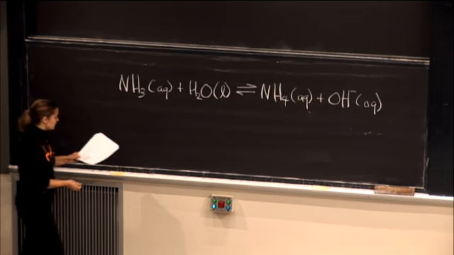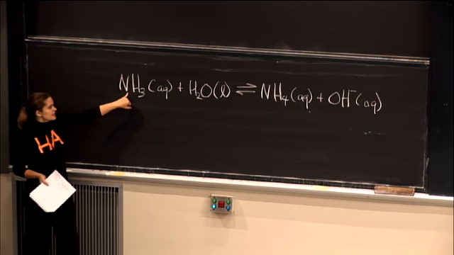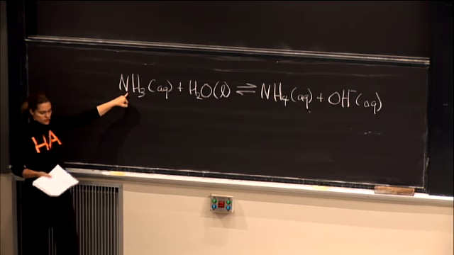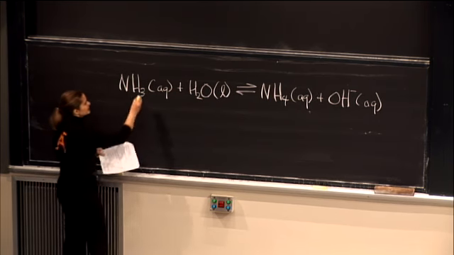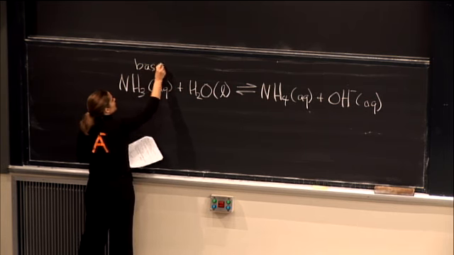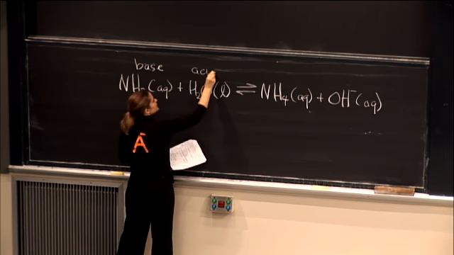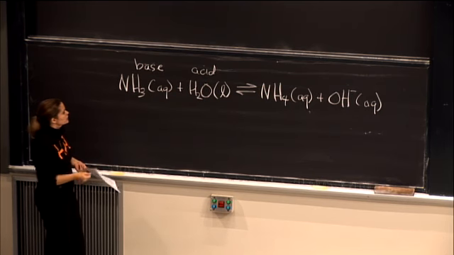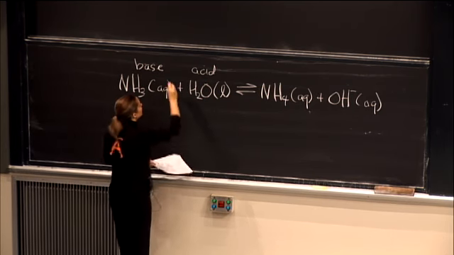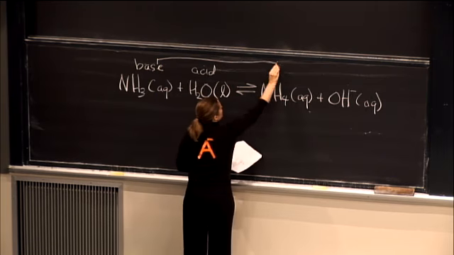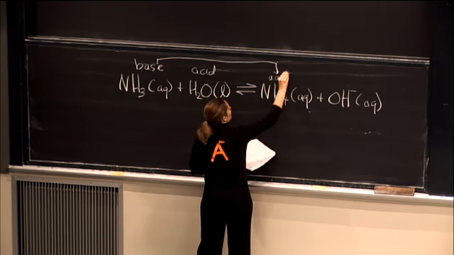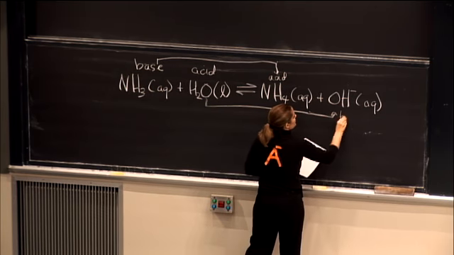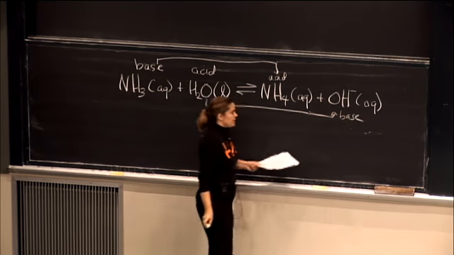First let's look at what NH3 is acting as, an acid or a base in this equation. It's acting as a base, and that means water is acting as an acid. The water gives up a proton or hydrogen ion to the NH3, forming the conjugate acid of that base, and then the conjugate base is the hydroxide ion.